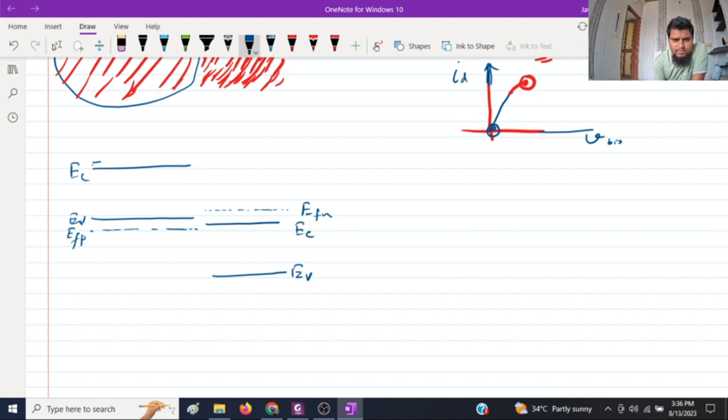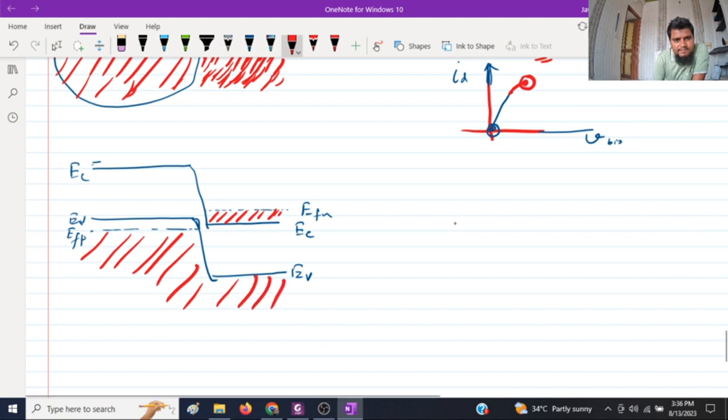Now in this situation, tunneling is possible but only in a small region. If you see the common region, all these regions are filled with electrons. So the possible tunneling can happen only in this common region, right?